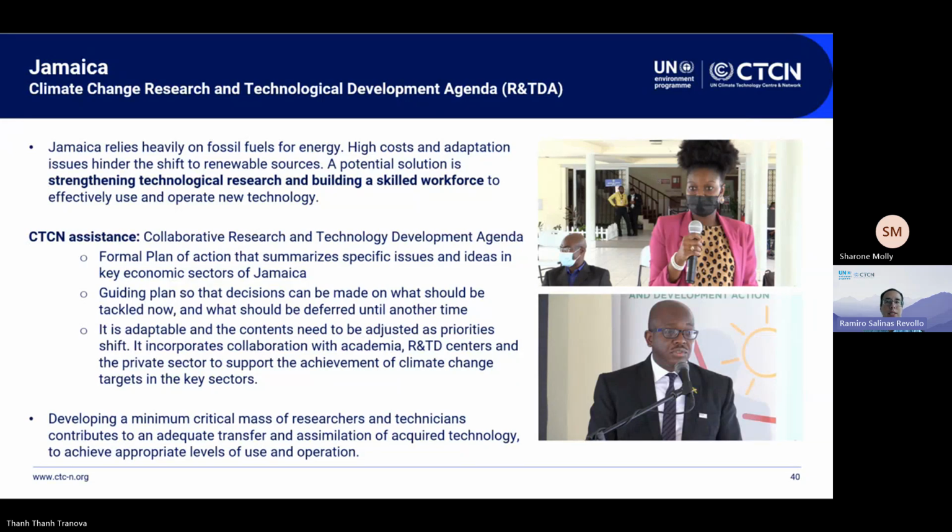As well, we did an analysis of research and technological development sectors priorities vis-a-vis country climate priorities, and namely NDCs, TNA, national adaptation plan, and other national strategies.